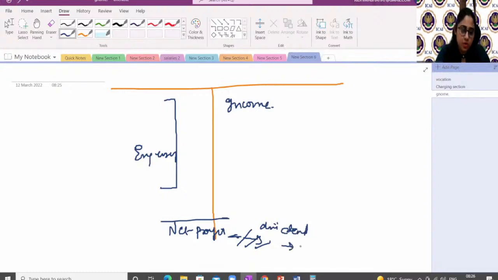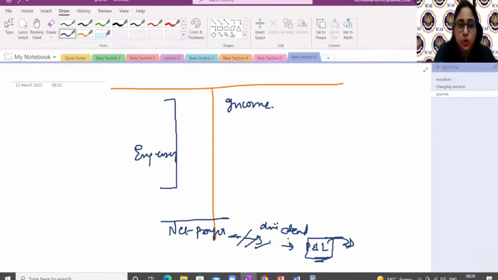From net profit, you remove dividend, and you get your P&L profit to be taken to the balance sheet. This is what you do. Income is there, expenses are there, net profit is there. This is the crux of doing the question of any PGBP, so please focus here. Income less expenses, net profit.